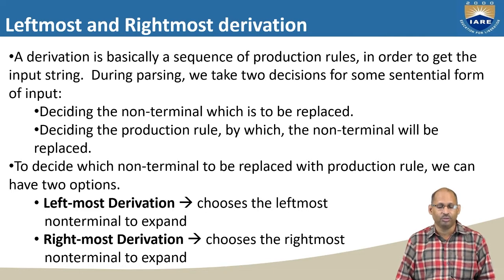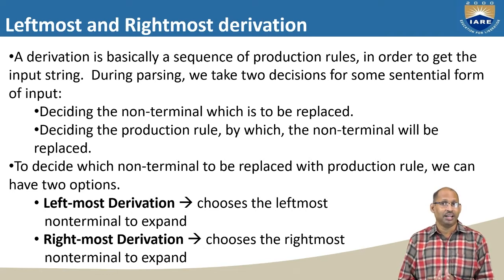So we can have two options, right? Leftmost derivation, rightmost derivation. So we have two types of derivations. Here in the leftmost derivation, we use the leftmost non-terminal to expand.